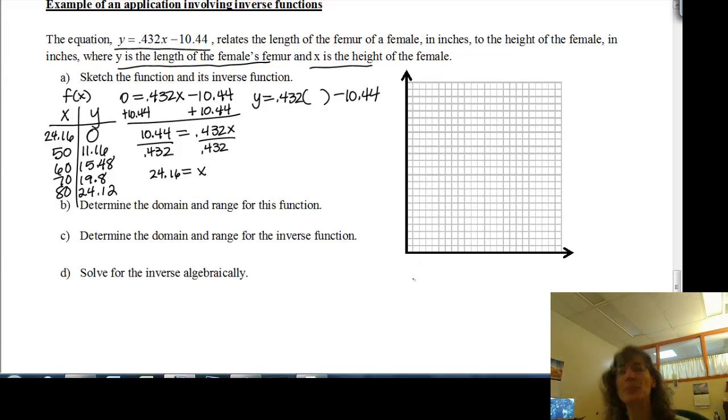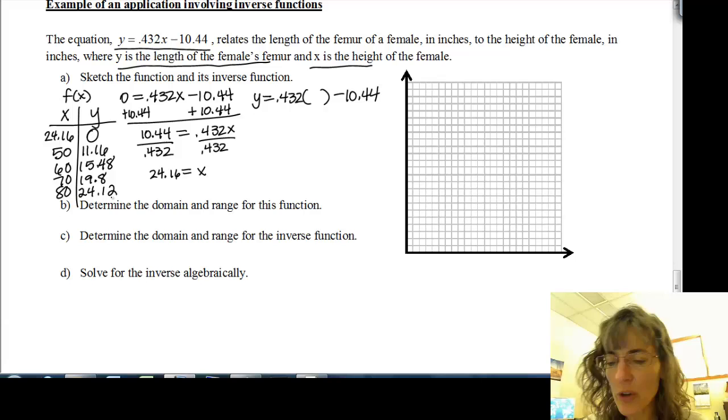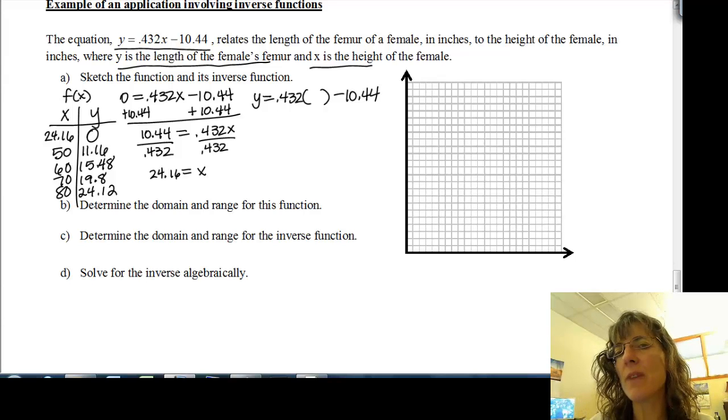Okay, so when I go to graph, I'm looking for some kind of scale that I can use that's going to be the same for my x's and for my y's. And I can see that my x's are going up to 80, so I need to go at least to 80 on my graph. And the y's aren't going that high, but whatever scale I find up to 80 will work.